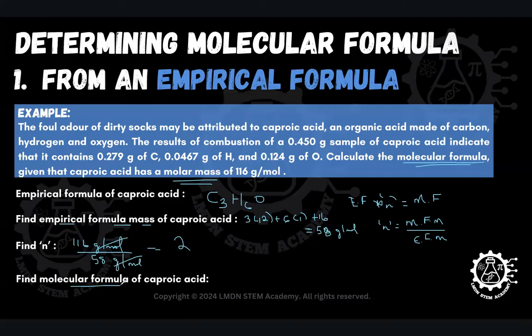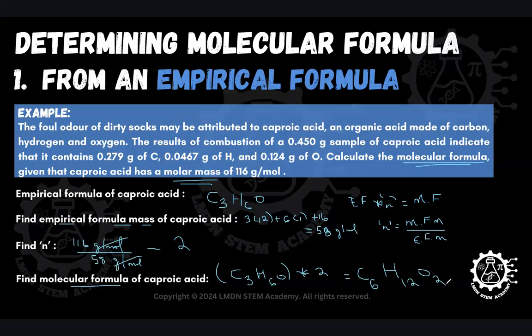So to find the molecular formula, we're going to apply this formula now, right? Where we do the empirical formula, which was C3H6O. We're going to multiply all of those by 2, right? Multiply all the number of atoms that were there by 2. And so now we'll end up with the molecular formula, which is C6H12O2.